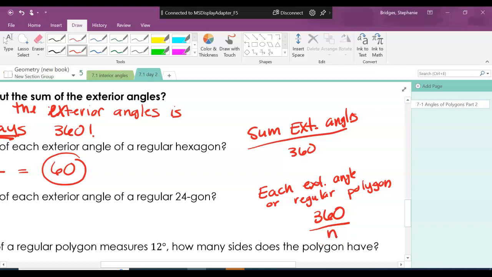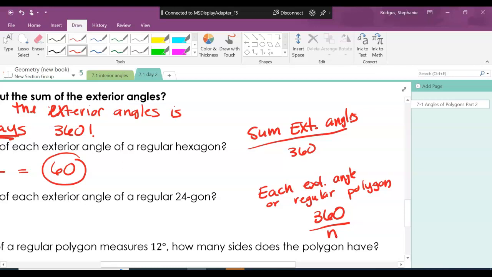So if you want them all, what is the sum? It's always 360 no matter what. But if you're trying to find what one of the angles is in a regular polygon, you take that 360, that sum, and divide it by how many sides you have.